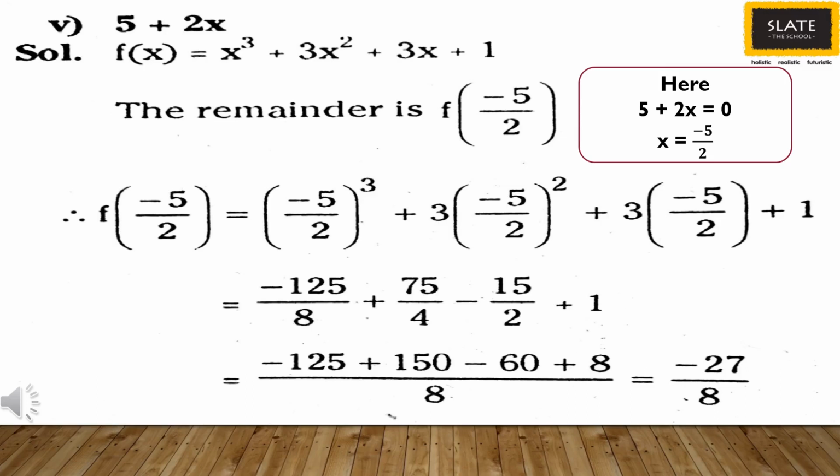Now LCM of 8, 4 and 2 is 8. Now the numerators become minus 125 plus 150 minus 60 plus 8. Minus 125 plus 150 minus 60 plus 8 is minus 27 and the denominator is 8. Therefore, f of minus 5 by 2 is minus 27 by 8. Therefore, the remainder when f of x is divided by 5 plus 2x is minus 27 by 8.